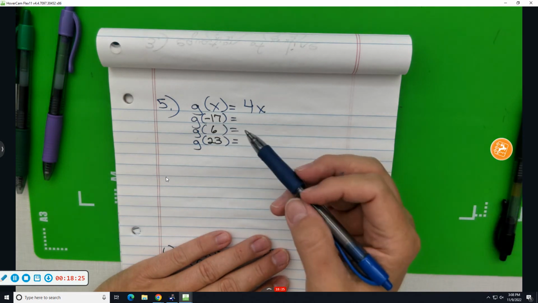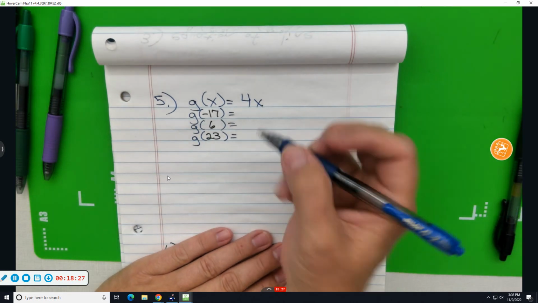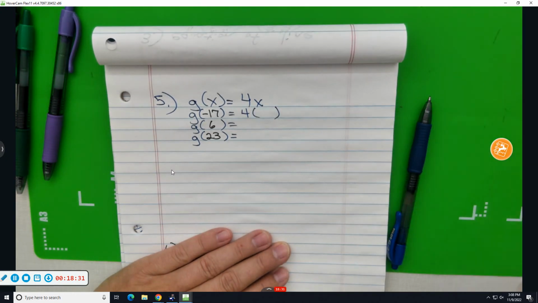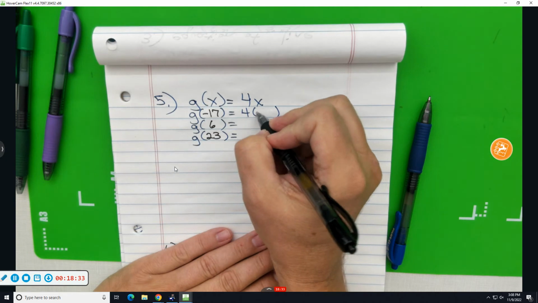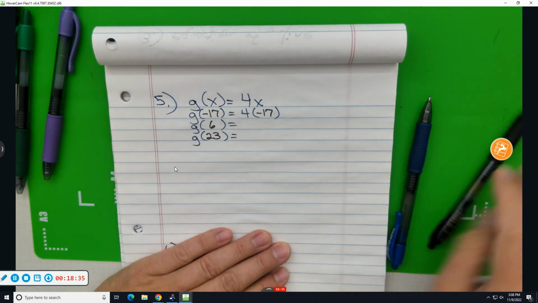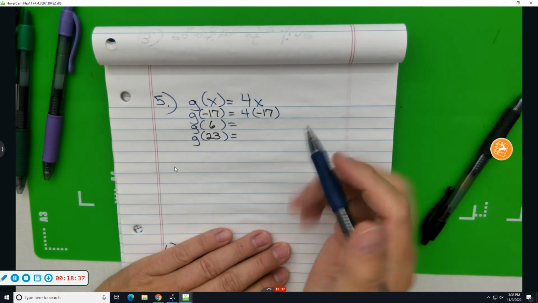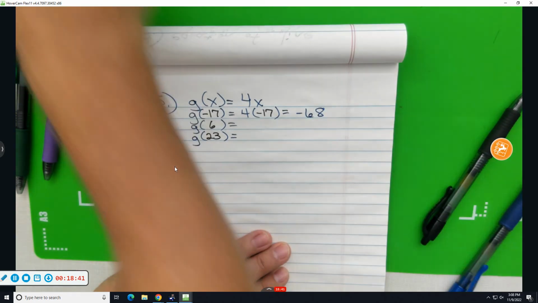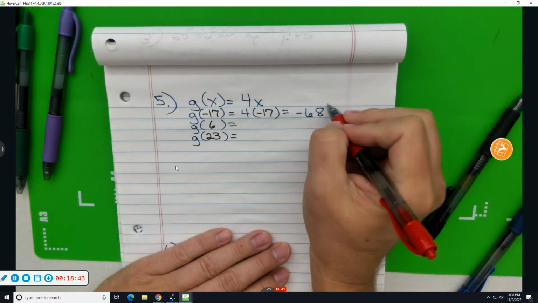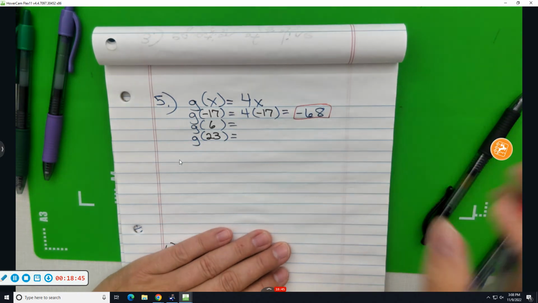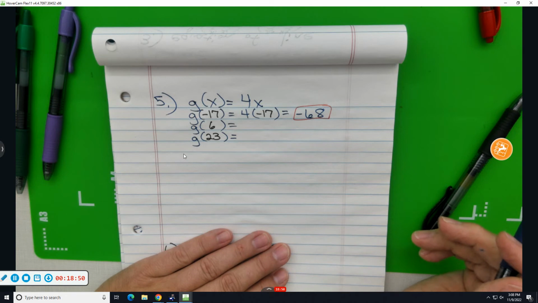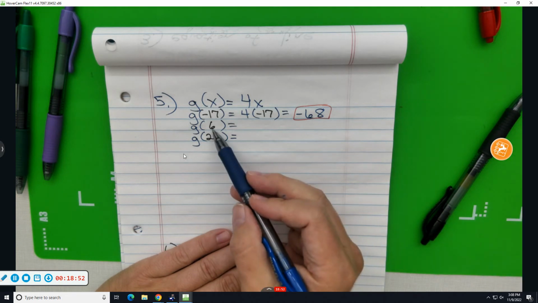That says go to your function g, and wherever you have a variable, replace it with negative 17. 4 times negative 17. Is that a negative 68? 17 times 4 is 68. So negative 68.